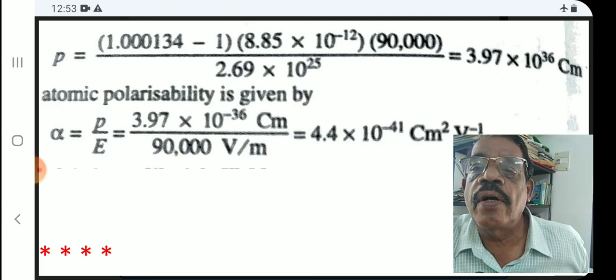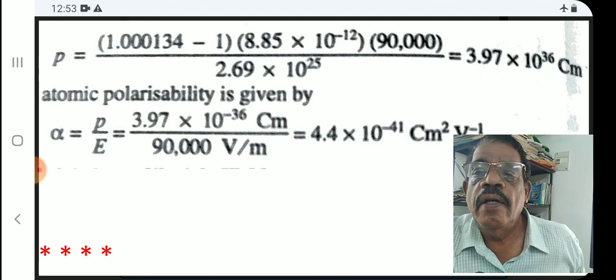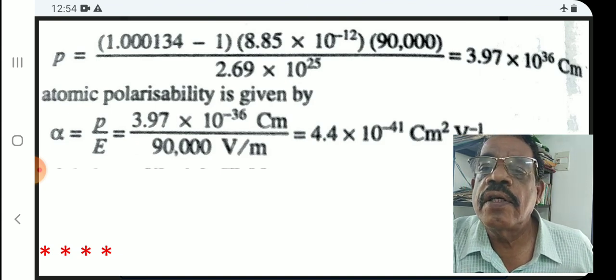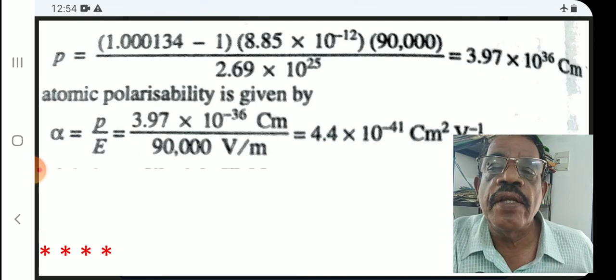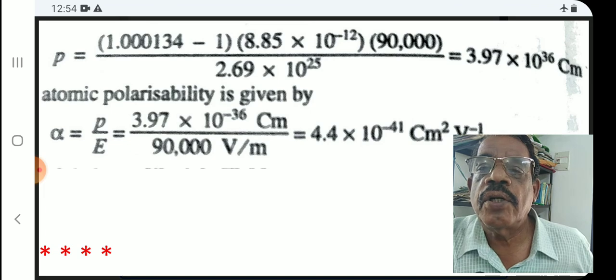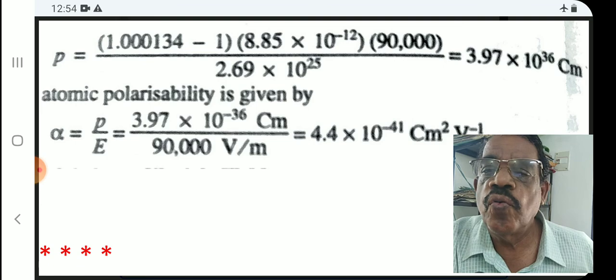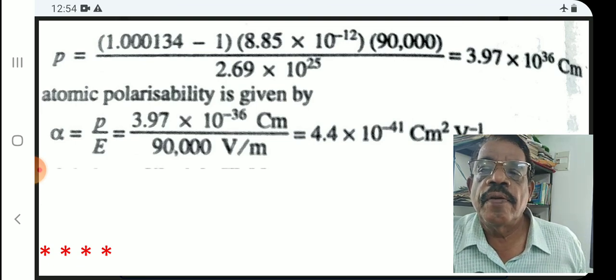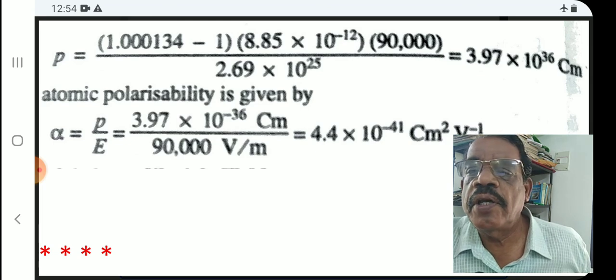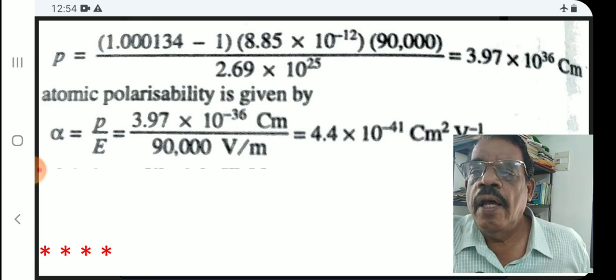When this 25 goes up, it is minus 25, there is minus 12, which is equal to minus 37, and there is 90,000 altogether. Altogether, you will get this value, 3.97 into 10 raised to minus 36 coulomb meter.